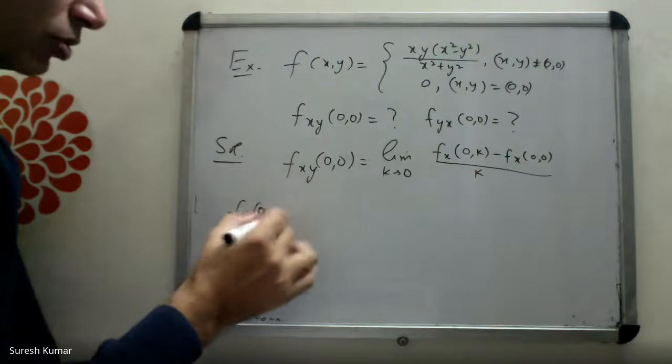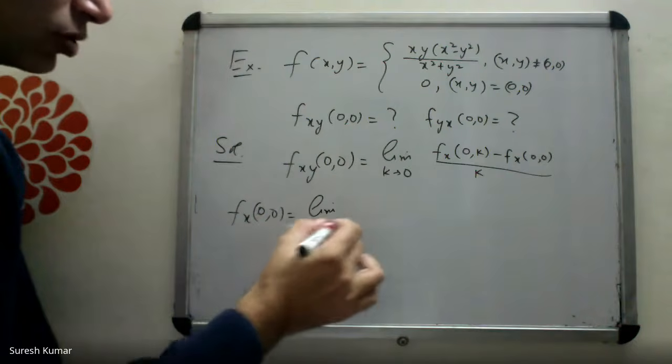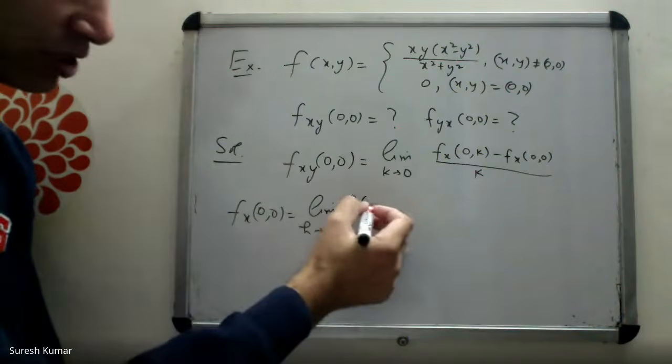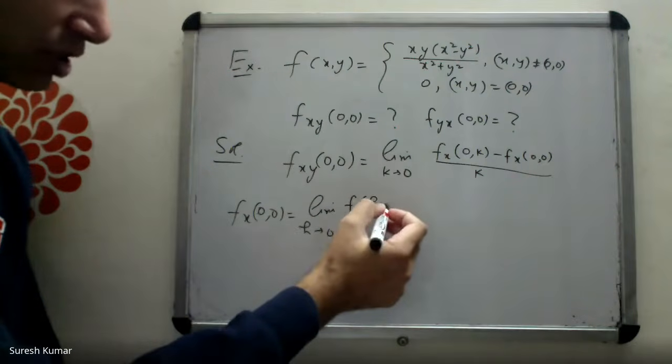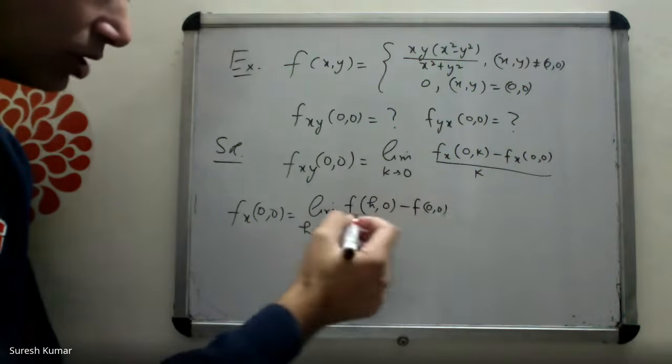fx at (0,0) means what? Limit h going to 0. Partial derivative with respect to x means the increment is in the first argument: f(h,0) minus f(0,0) divided by h.